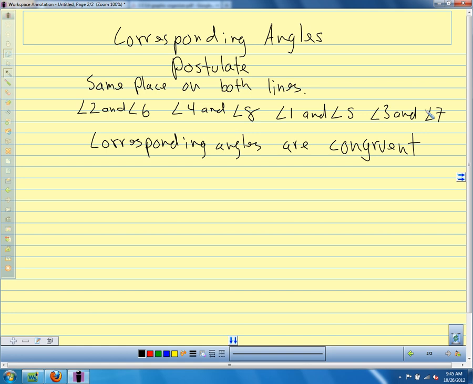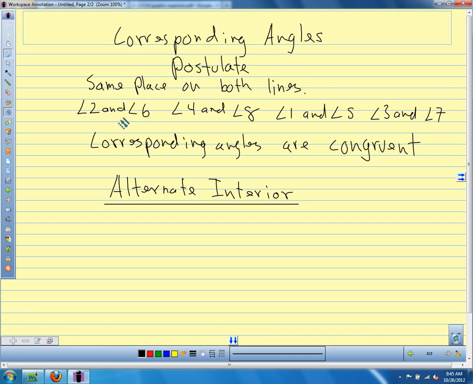All right, let's go to the left where it says alternate interior. So alternate interior angles, the box to the left. Now what do our words mean? Interior, we said what the interior was, so we're between the lines.